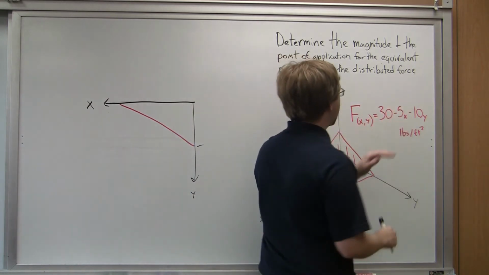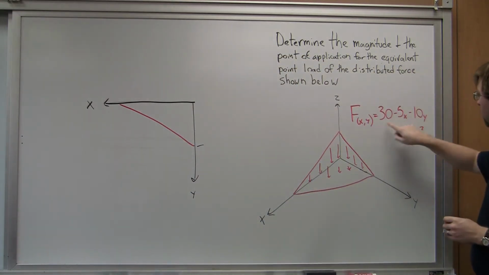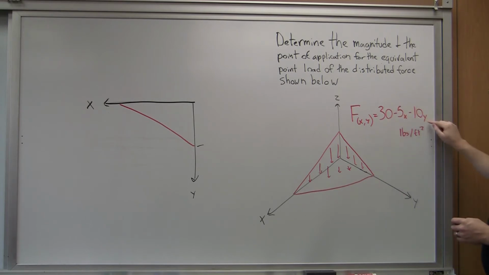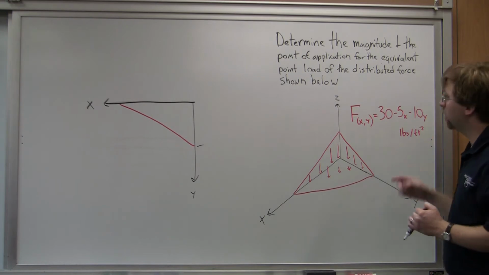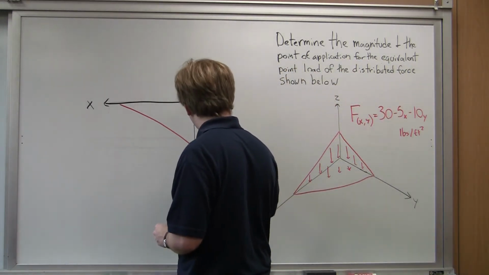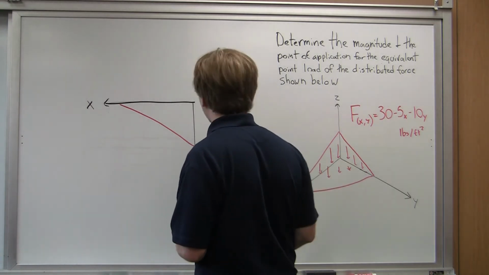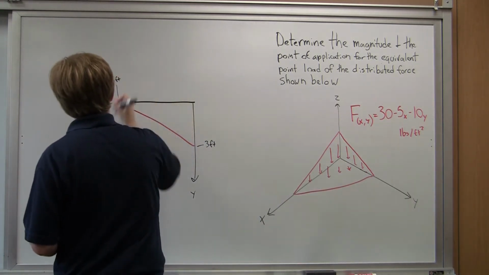So if I ignore the x, I'm just looking at the y. So 30 minus 10 times what value of y will give me a value of 0? The answer to that is it's going to be 3 feet out this way. And similarly, we can do that with x, and we find it's going to be 6 feet out this way.